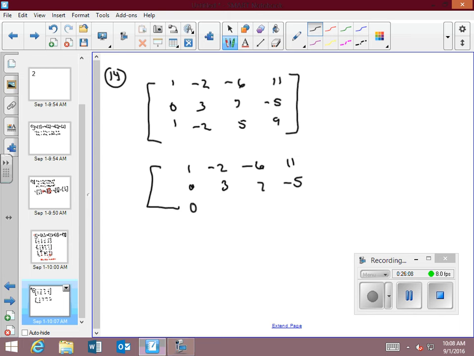Add it to the third row, and that makes it 0. -2 times the -6 is a +6. Add it to the third row is 11. And then -2 times 11 is a -11. I don't know where I got -2. -1 times 11, -11. This is a -2.